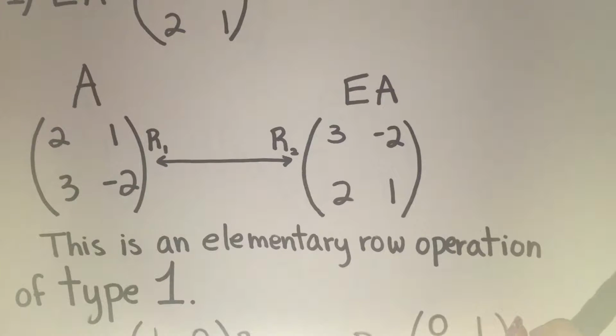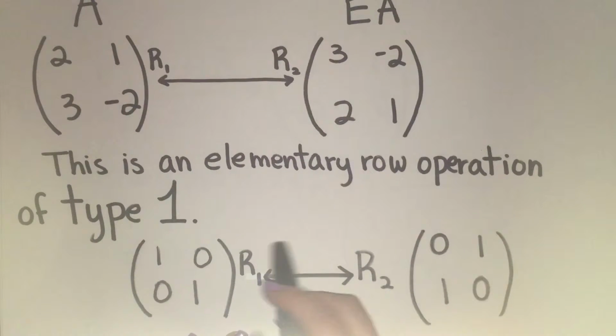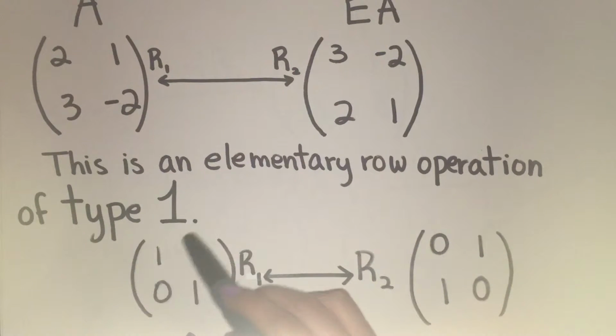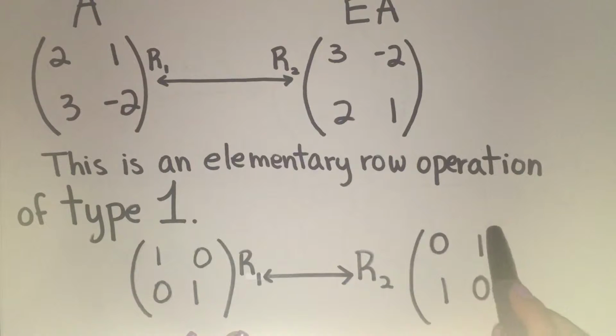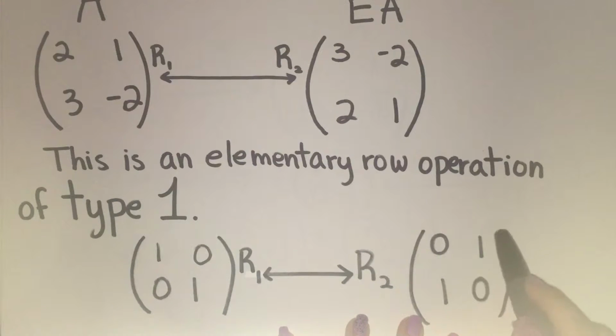An elementary matrix is different from the identity matrix because in it there is one elementary row operation. So an example would be that here, this is the elementary matrix. It's the identity matrix with an elementary row operation, and it would look like this.